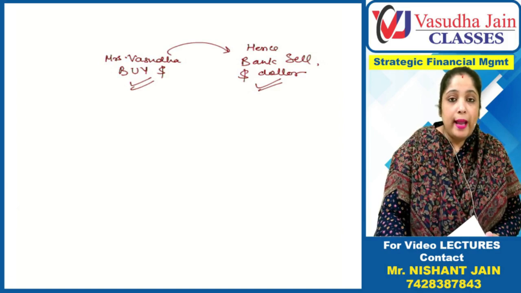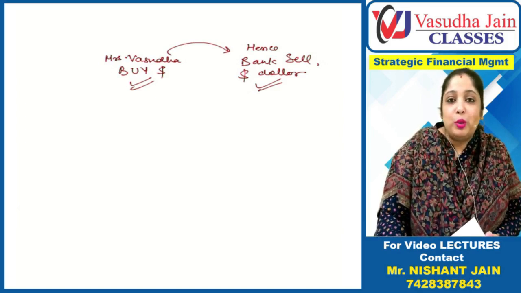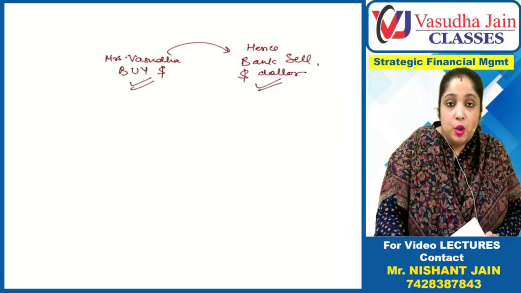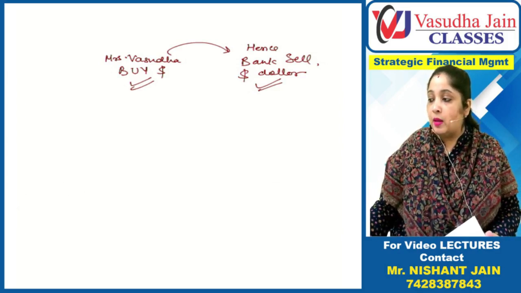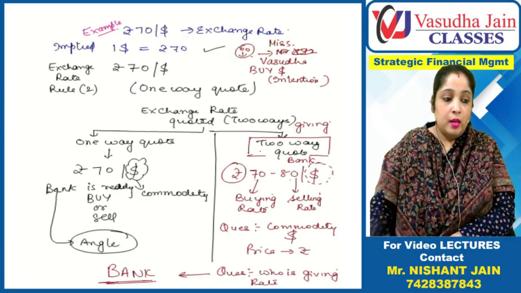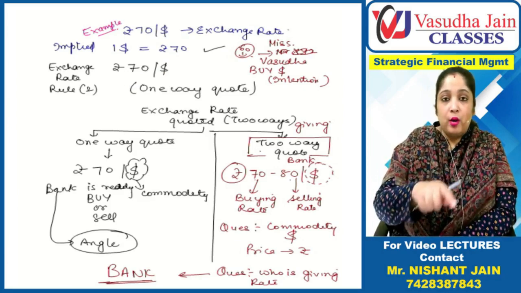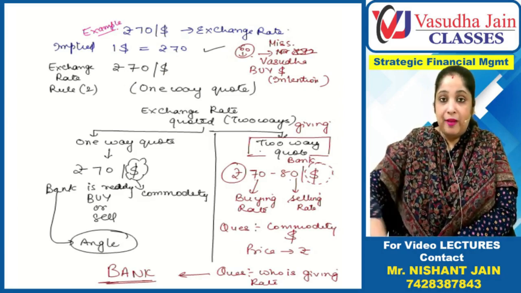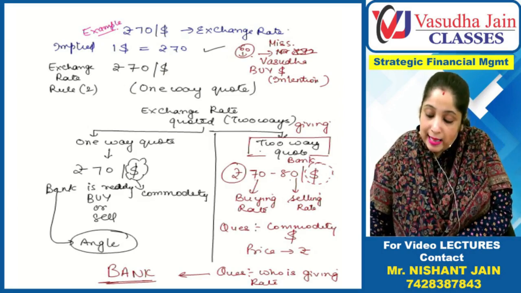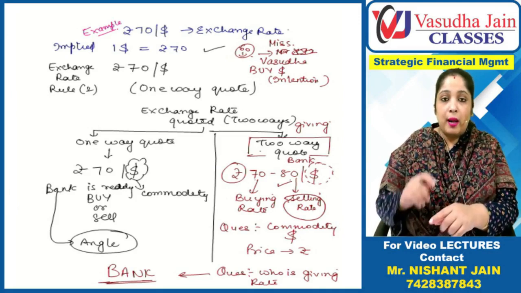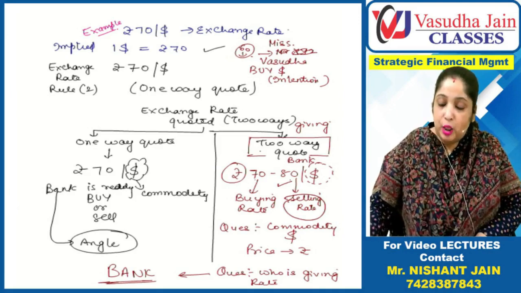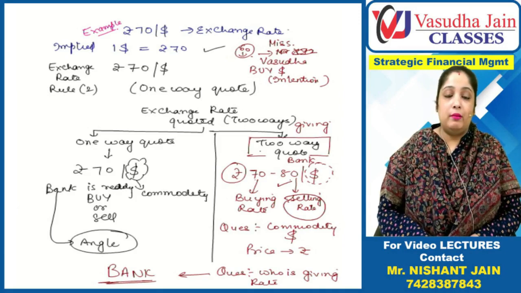So I want to buy, don't think what you want to do, think what banks want to do. In your case, bank is going to sell dollars. Now going back to my example, if you want to buy dollars, that is me, bank will sell, and bank sells dollar at what rate? 80 rupees rate. That is your and bank's dealing will happen at 80 rupees per dollar rate.